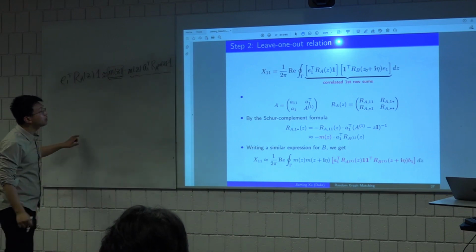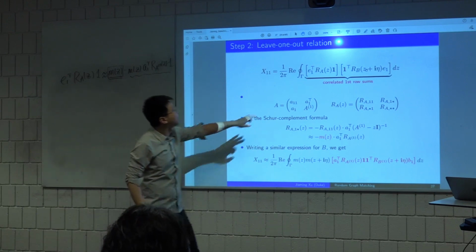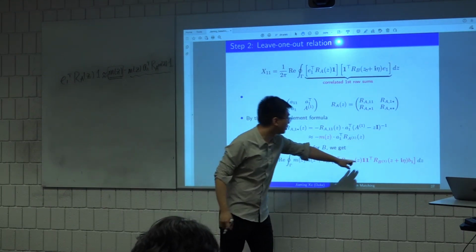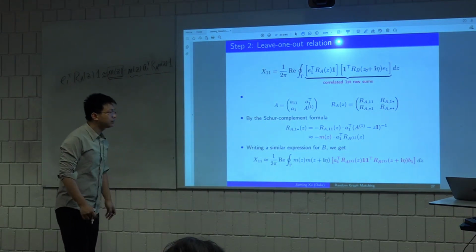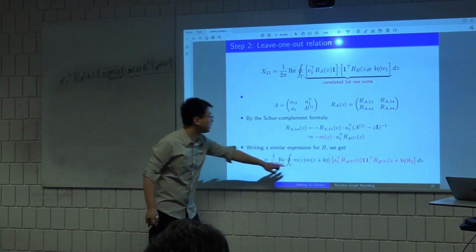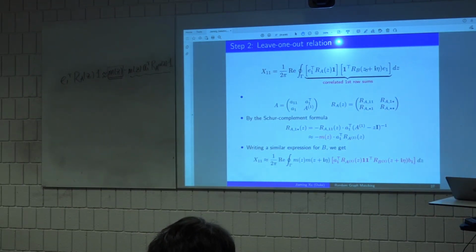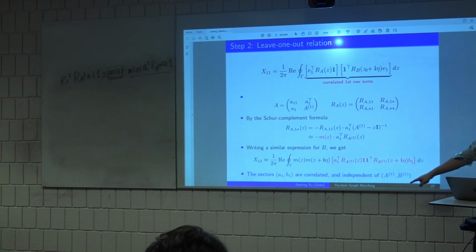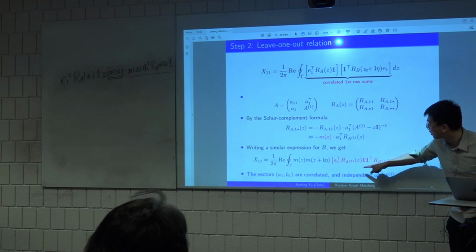What I'm doing in this line is ignoring this, but I'm going to plug this into my formula. I should get A1 transpose, the resolvent of a submatrix, times 1, and I do the same thing for this one. Then I have this mz plus identity. Now comes the more crucial point. A1 and B1 are correlated because they come from A and B, and A and B are correlated.